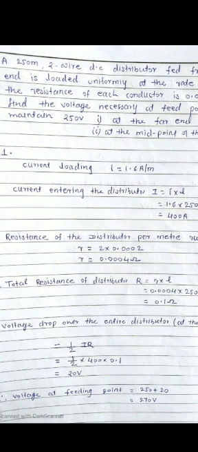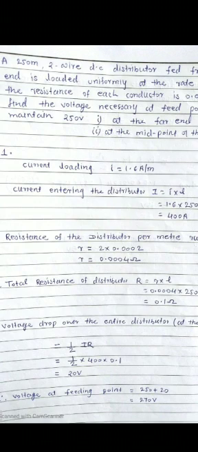The resistance of the distributor per meter is small r equal to 2 into 0.0002, so small r is equal to 0.0004 ohm.